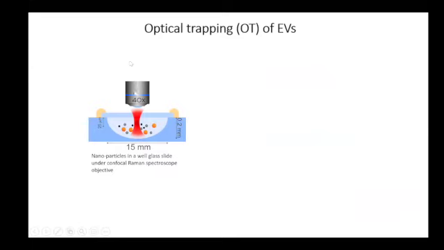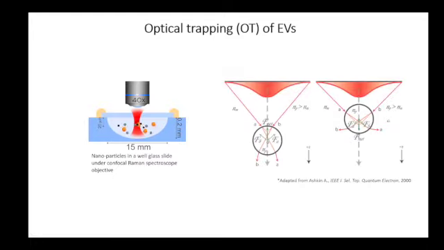The nice thing about this technique is that we can trap vesicles with light. How it works is that we put in a sample of vesicles, and these vesicles move in Brownian motion, and when they pass close to the laser focal spot, they feel a net force that drags them toward the center of the focal spot. This technique was developed by Arthur Ashkin.